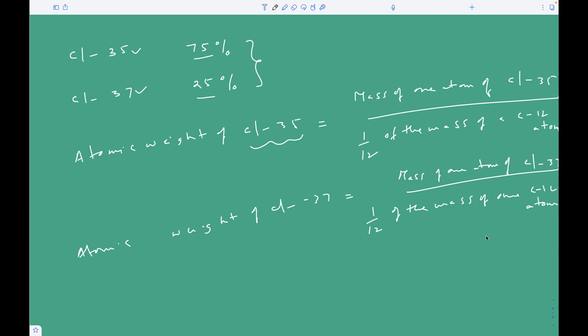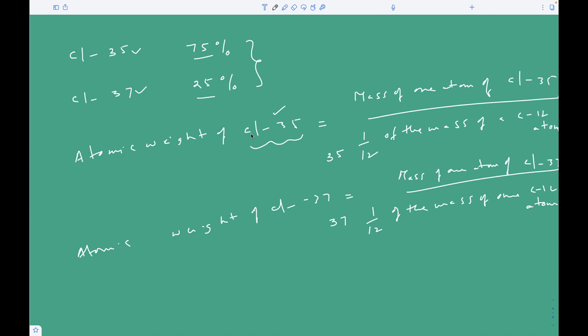And we experimentally found out that the atomic weight of this isotope of chlorine is approximately 35 and that of this isotope of chlorine is approximately 37. Actually, that is why they are called chlorine 35 and chlorine 37.